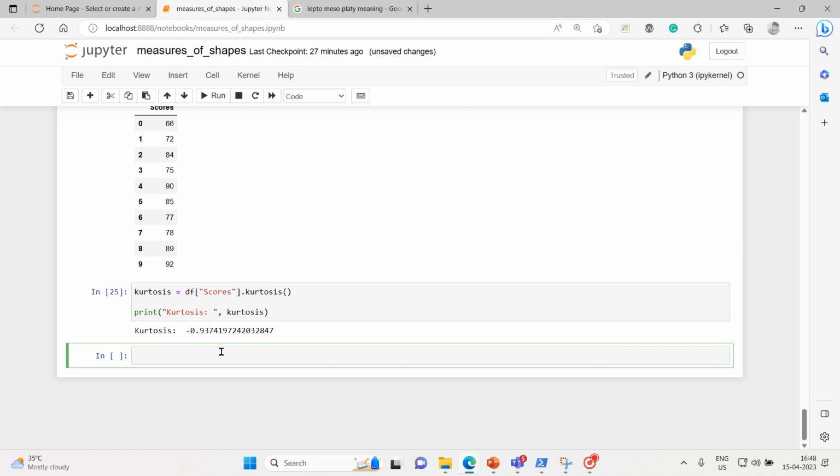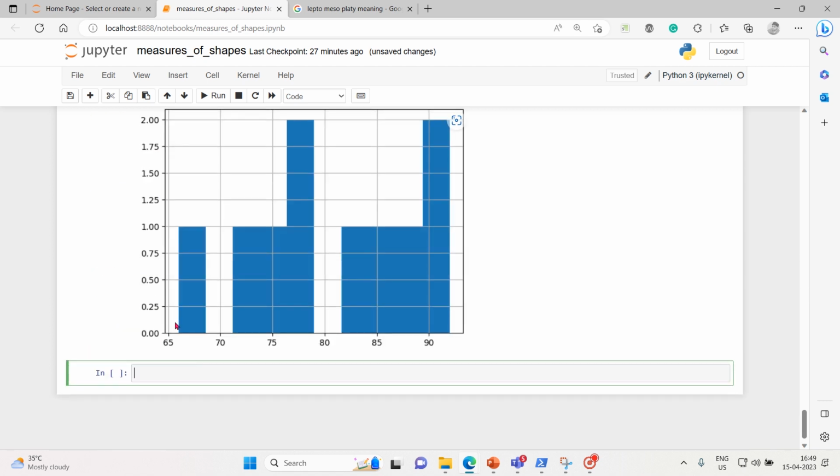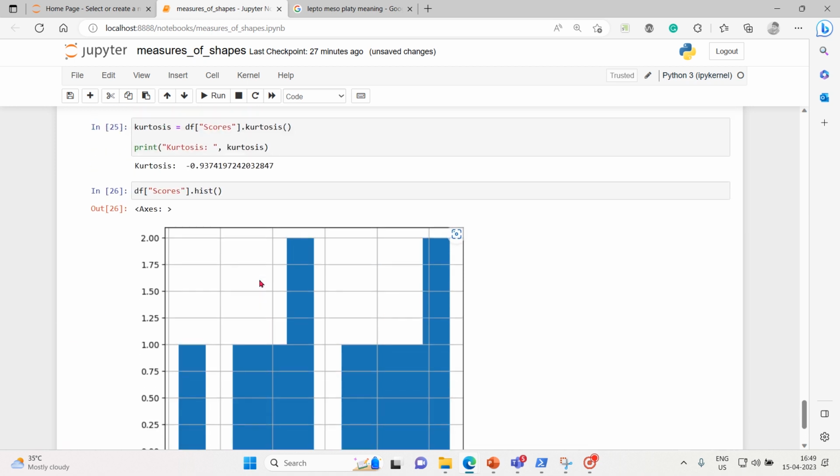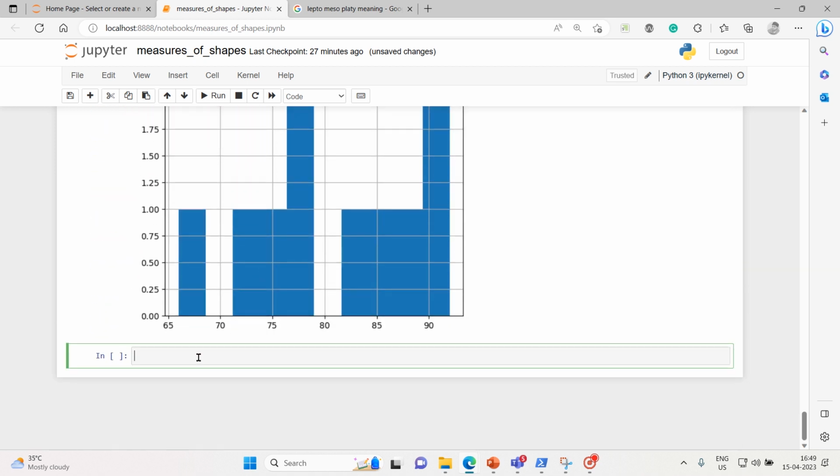So let's see how it looks. Obviously the scores won't be narrow, that's for sure. Yes, obviously it's not narrow, it's a flat one, it's a platykurtic.